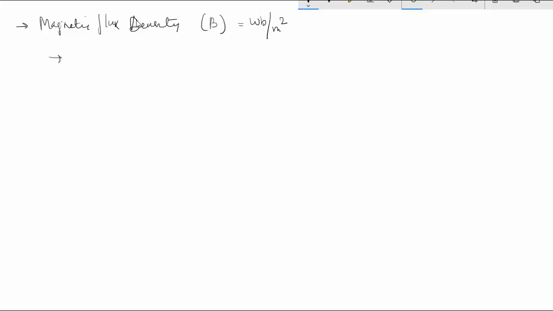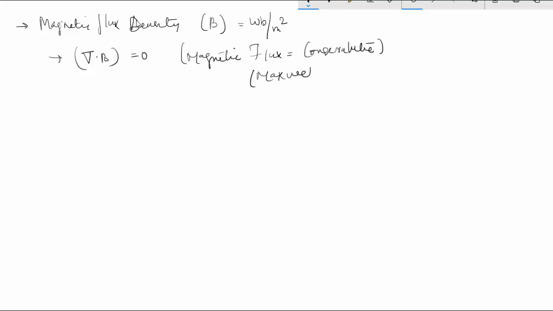We will derive the equation del dot B equal to 0, which says that magnetic flux is conservative, and this is known as Maxwell's fourth equation for static fields.